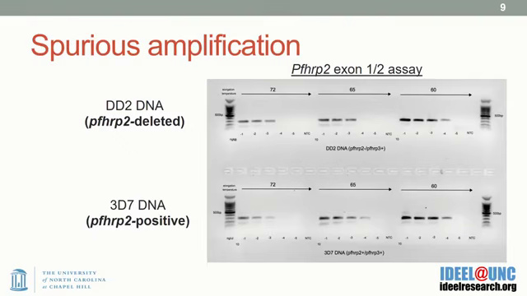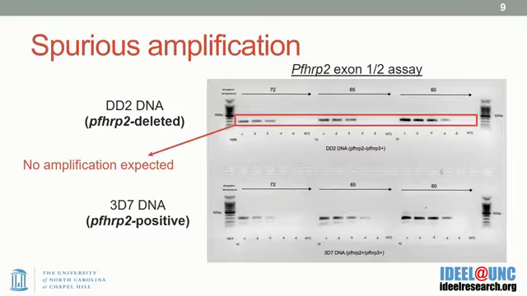When we ran our exon 1, 2 assays, and to be clear, these are assays that primarily amplify exon 1, but they go through the intron and also catch a little bit of exon 2.